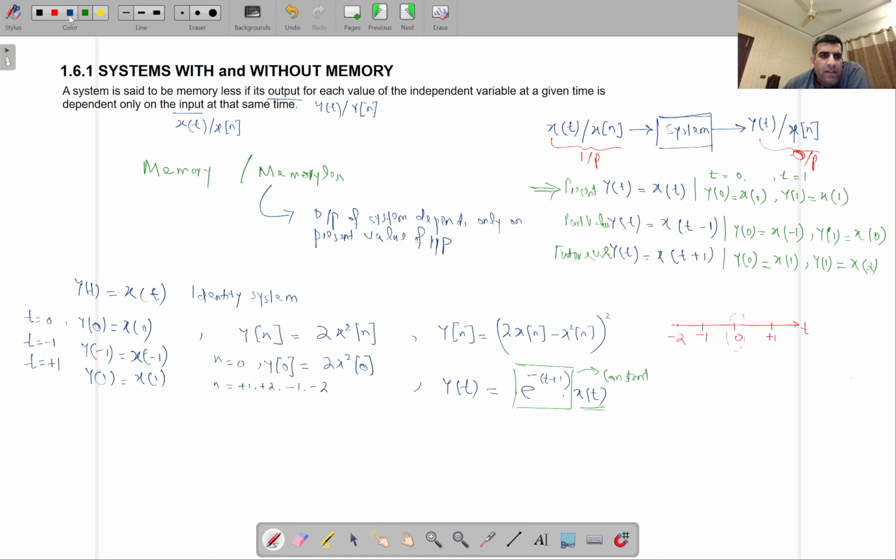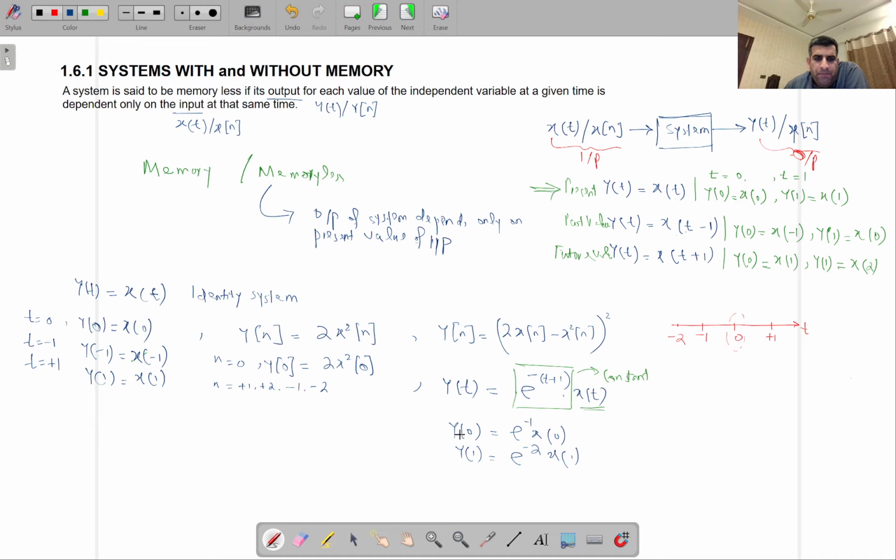Okay, so if I start substituting the values, for example y of 0, this thing is simply e raised to power minus 1, and it has some value, that is a constant value, and then you have x of 0. Similarly, if I try to find out y of 1, it's going to be simply e raised to power minus 2, which is again a constant, and x of 1.